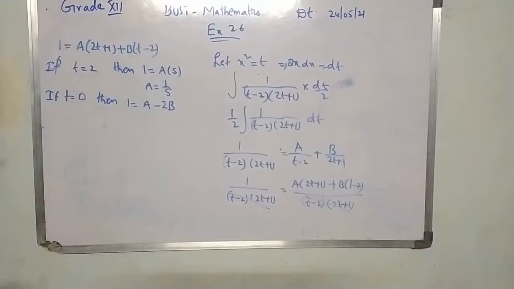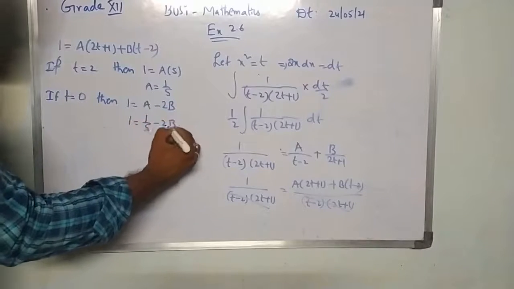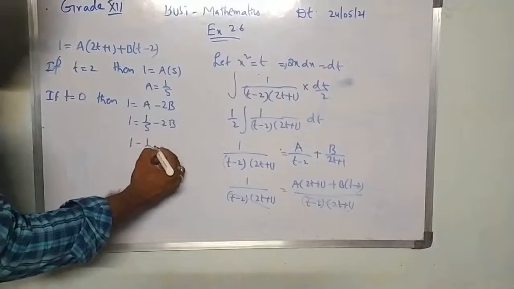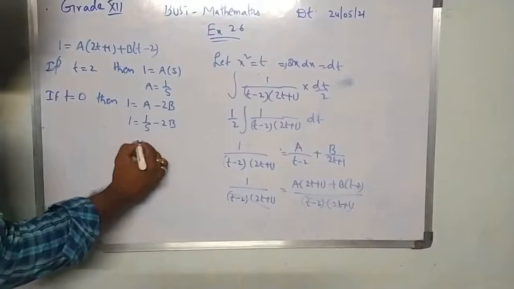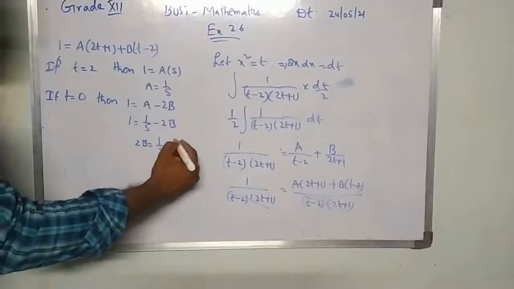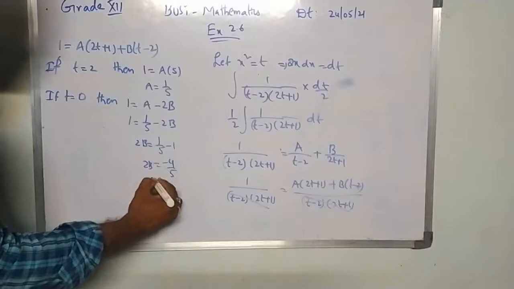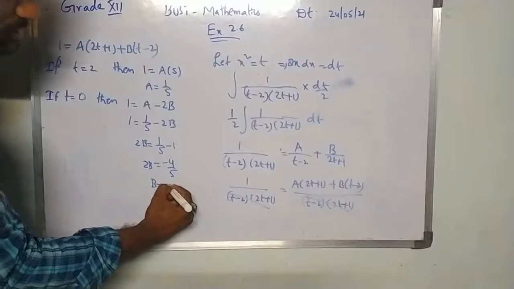Already a value is 1 by 5. So 1 is equal to 1 by 5 minus 2b. So 2b is equal to 1 by 5 minus 1. So it will be minus 4 by 5 is equal to 2b. So b value is minus 2 by 5.